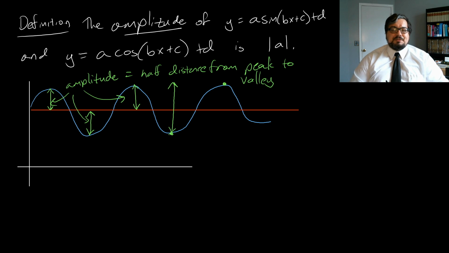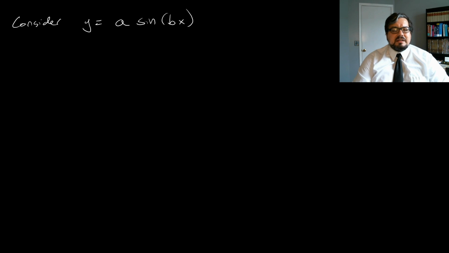Let's look at what happens when b is something other than 1. So now let's consider y equals a sine bx. We're going to continue keeping a a little bit different here. It might be 1, it might be something other than 1.